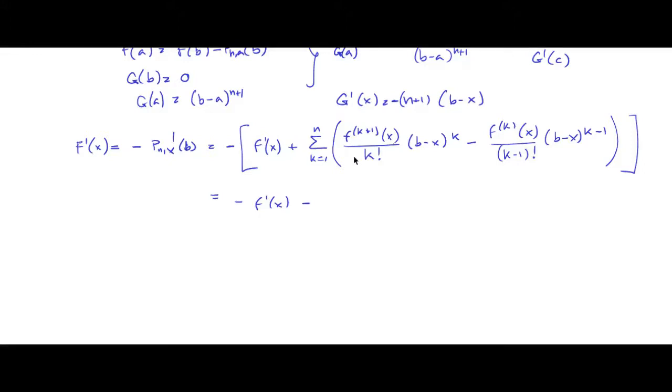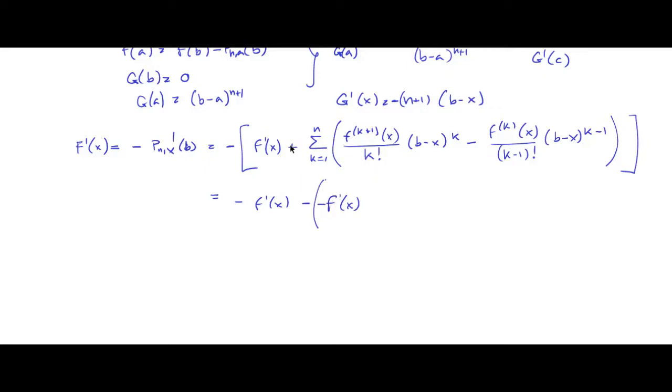So the first term is going to be the second derivative of f at x divided by 1 factorial times (b minus x) to the 1, and then we subtract the first derivative of f at x divided by 0 factorial, and when k equals 1, this is f prime at x, sorry, minus this.